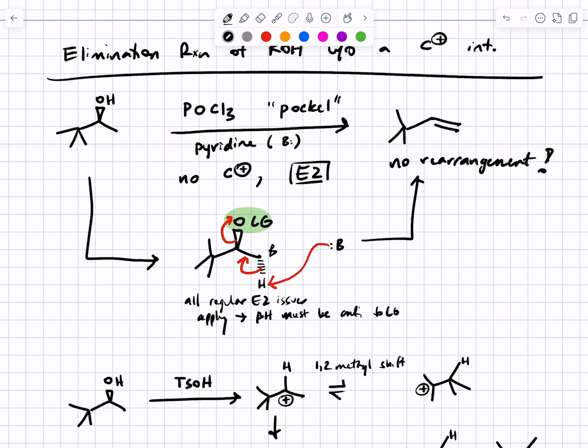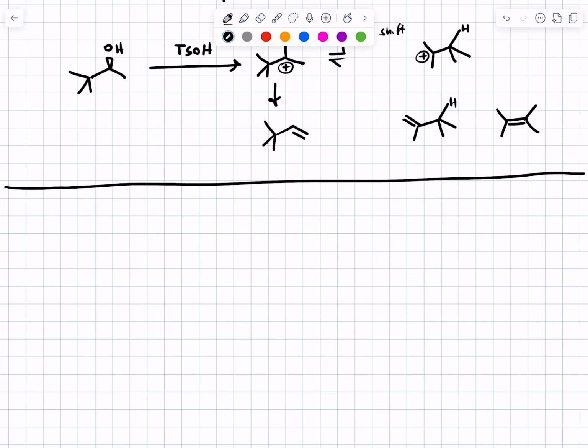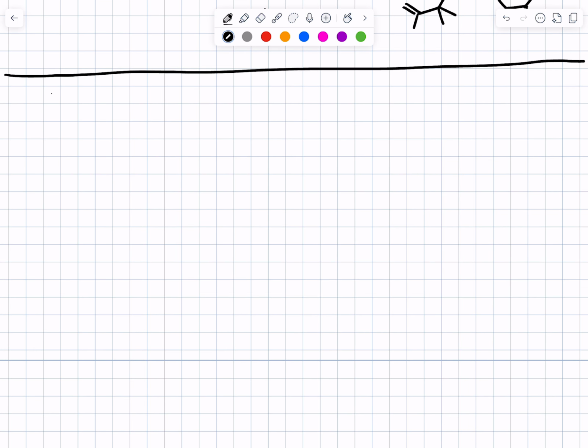Okay, so what we're going to do next fits into the theme of OH minus and OR minus being generally bad leaving groups, with the exception proving the rule.